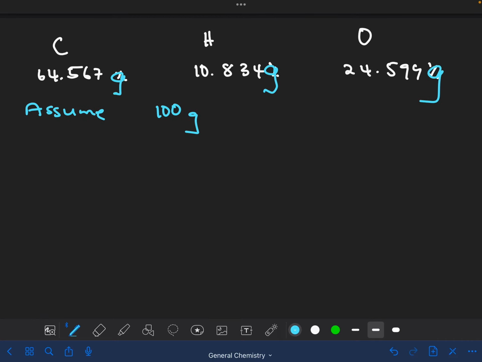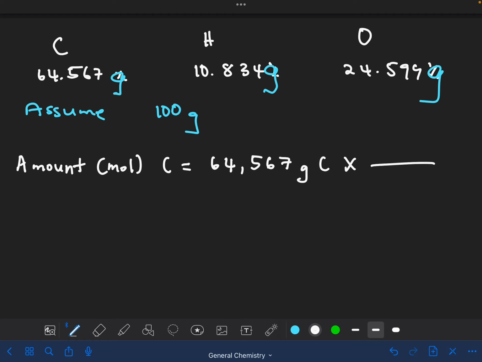Then we calculate the number of moles of each of these, right? So the amount in moles of carbon equals 64.567 grams of carbon multiplied by its molar mass, 1 mole of carbon per 12.01 grams of carbon.